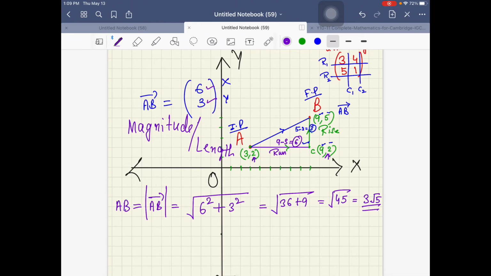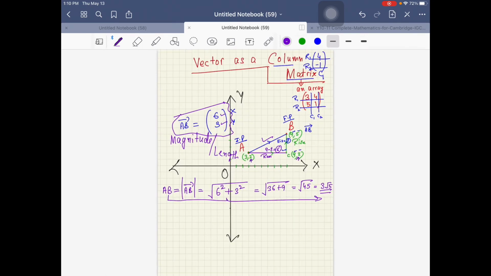So again, on this page we have learned how a vector, in this case AB, can be represented as a column vector x and y, and then using that column matrix, we can find the magnitude or the length by this formula. Let's do some questions from the book.